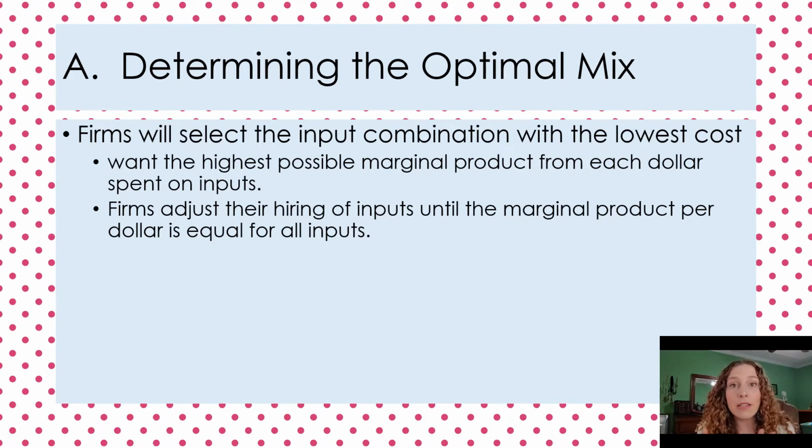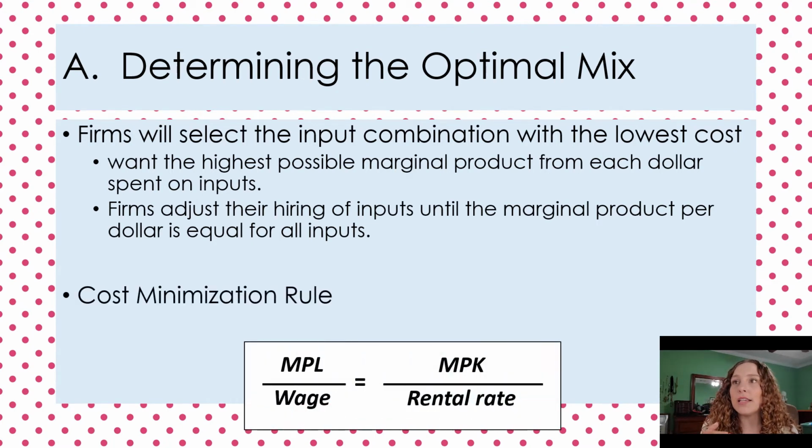This is basically the same concept, but instead of marginal utility per dollar, we're talking about marginal product per dollar. So they want to hire to where the marginal product per dollar of capital and the marginal product per dollar of labor, or whatever combination of inputs you are referring to, are equal.